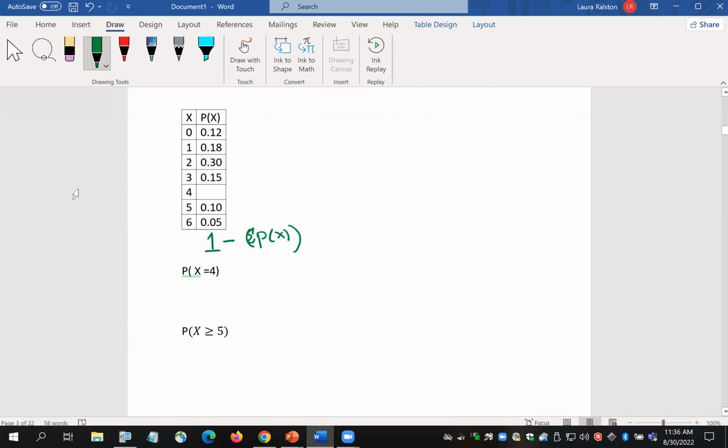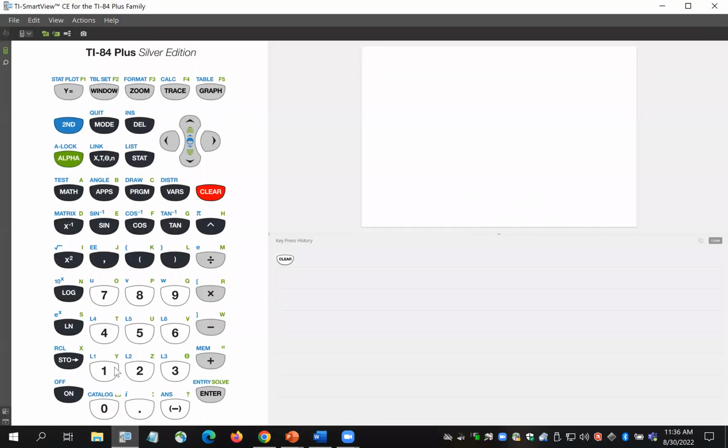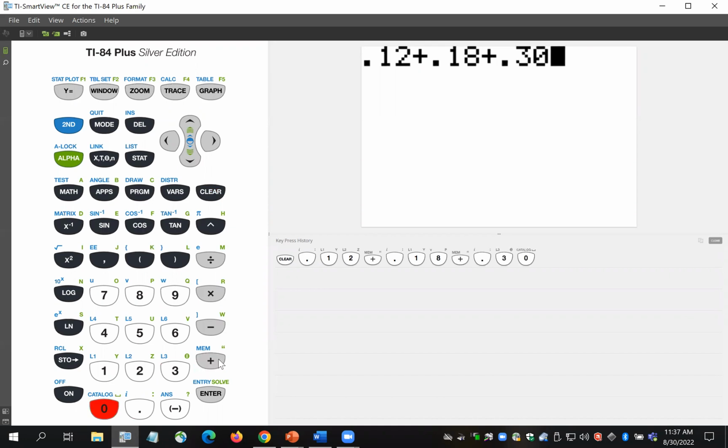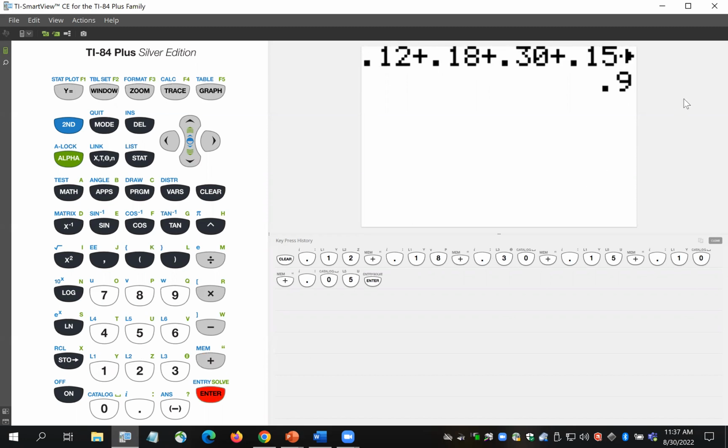So if I take those numbers, I'm going to go over to my calculator and add them up first. I have 0.12 plus 0.18 plus 0.30 plus 0.15 plus 0.10 plus 0.05, and I hit enter. That gives me 0.9.